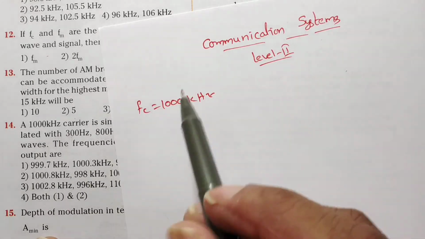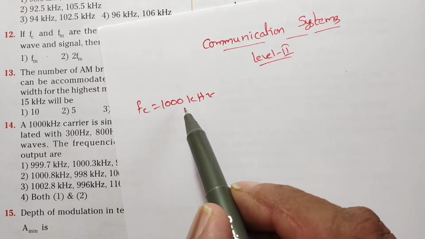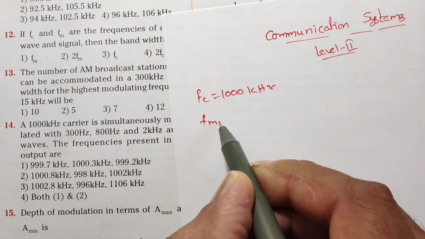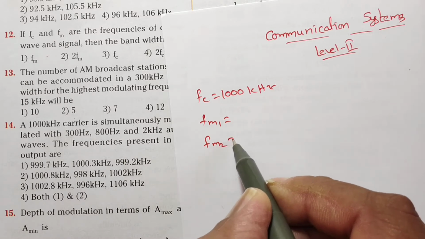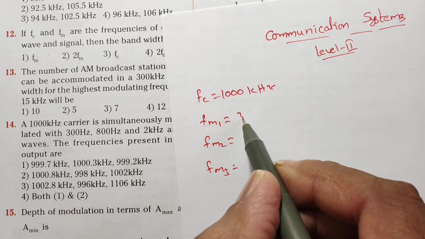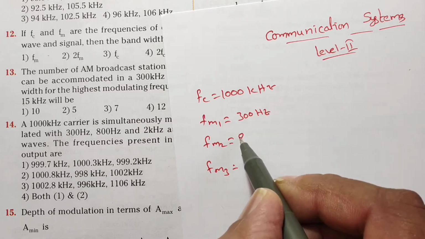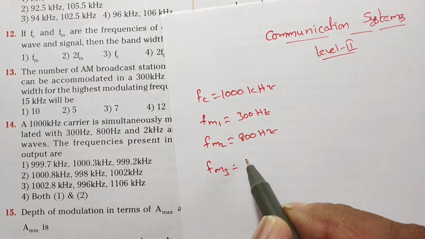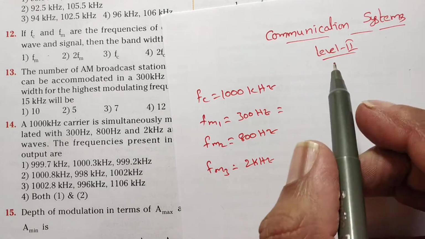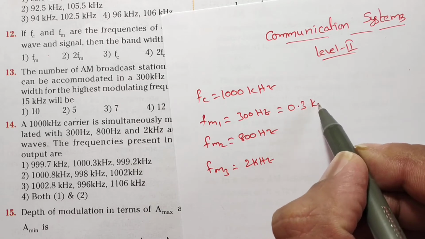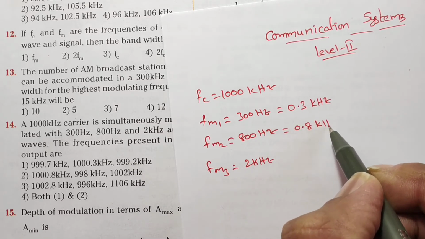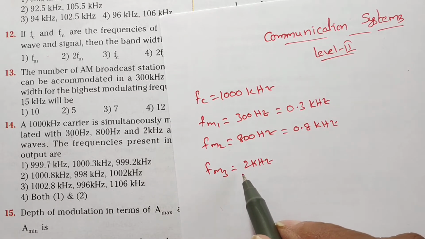They have given that the frequency of the carrier wave is 1000 kHz, and 3 audio signal waves, that means fm1, fm2 and fm3. The frequencies of the audio signals are 300 Hz, 800 Hz and 2 kilohertz. 300 Hz means 0.3 kilohertz and 800 Hz means 0.8 kilohertz, and fm3 is already 2 kilohertz.